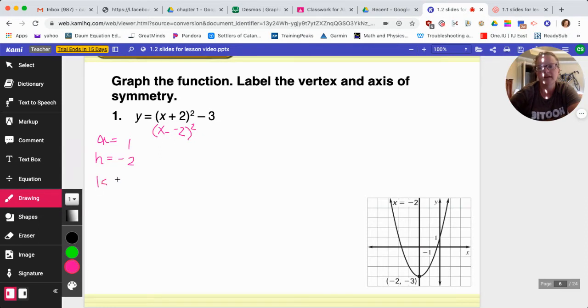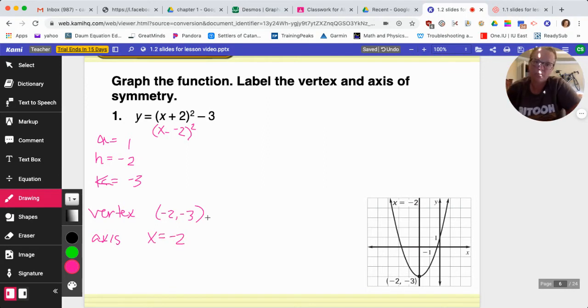And then k is negative 3. So my vertex is negative 2 comma negative 3. My axis of symmetry is x equals negative 2.